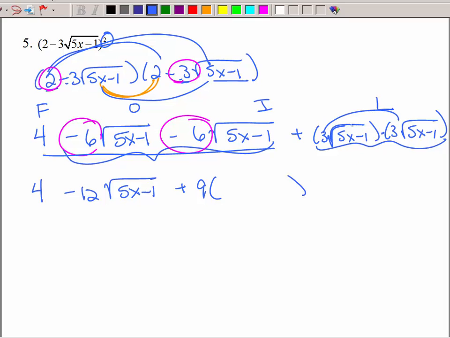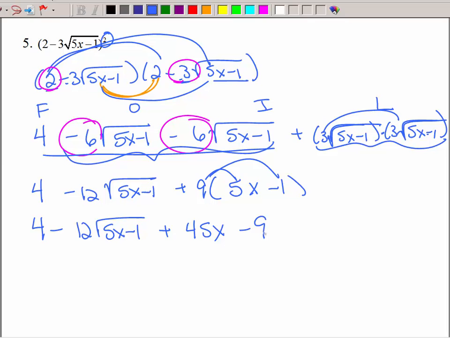Then the square root of 5x minus 1 times the square root of 5x minus 1. When you multiply the same square roots, the square roots go away, and you just have 5x minus 1. We're not done. I need to distribute. So we're going to have 45x minus 9.